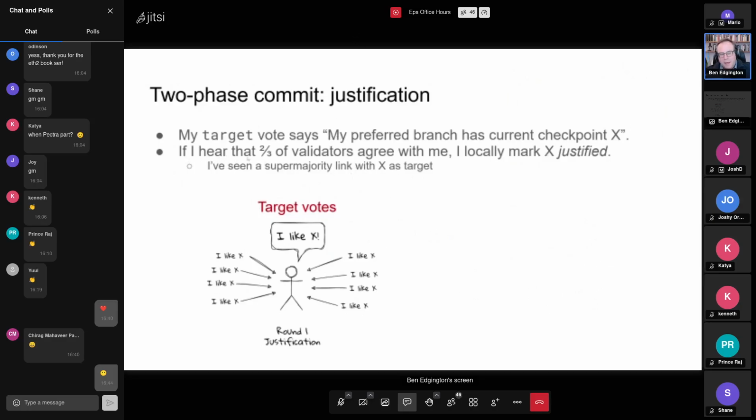Then if I receive attestations with target for the same checkpoint from 2/3 of validators, I can then mark X, that checkpoint, as justified. So when I make an attestation, I'm saying I like X as the target vote, and I'm receiving from other validators their target vote, and they're saying they like X as well. So as long as more than 2/3 of them agree with me, then I justify that checkpoint X.